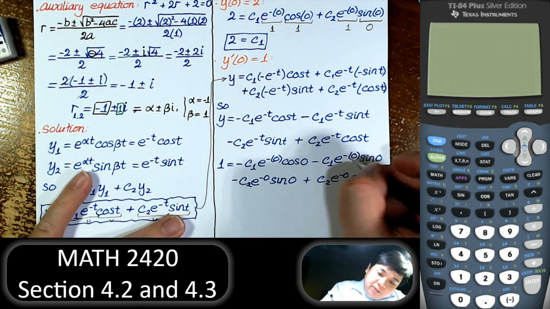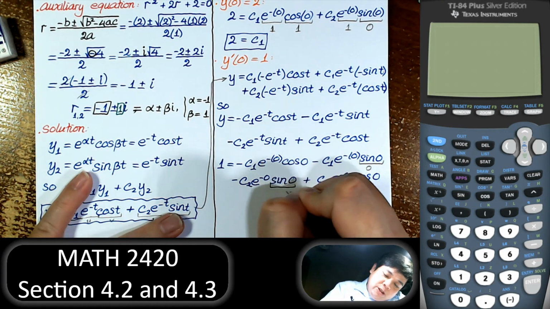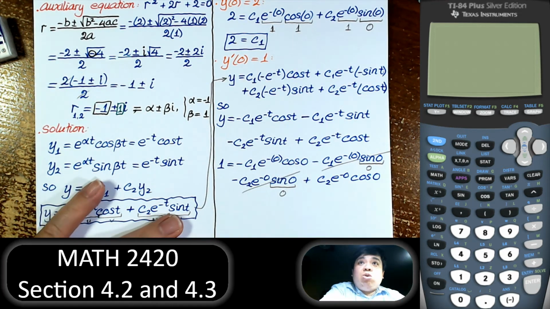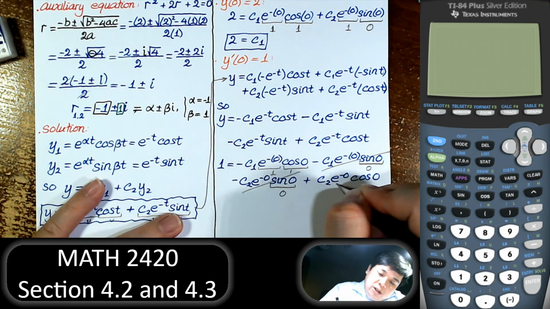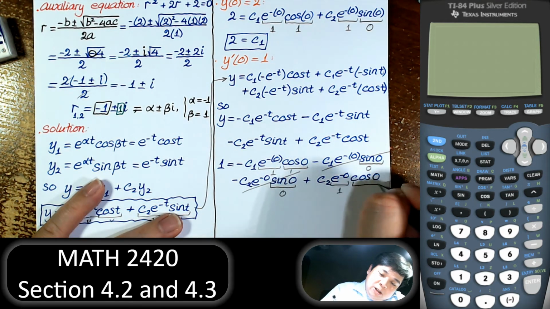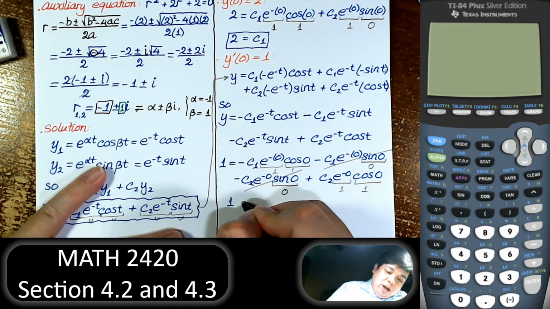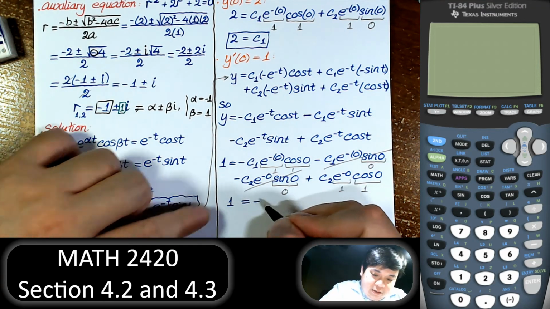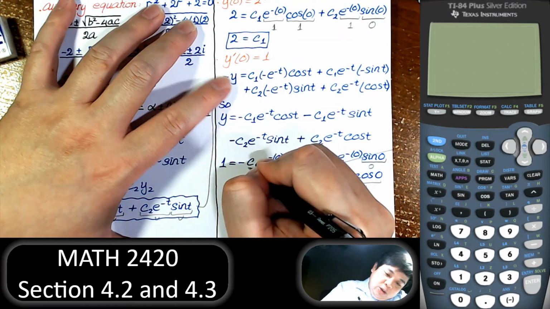So we put c1 equal to 2 later. But first, sine of 0 is equal to 0, so those terms cancel. E to the 0 power is 1, and cosine 0 is 1. So we have 1 equal to negative c1, where c1 is equal to 2.